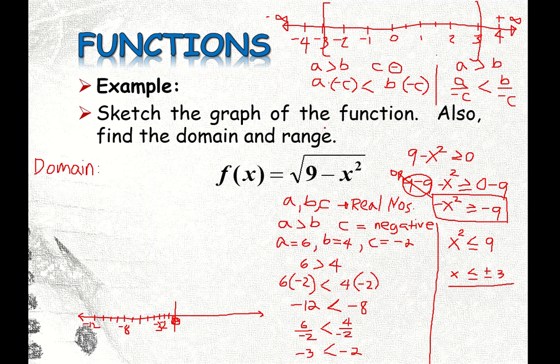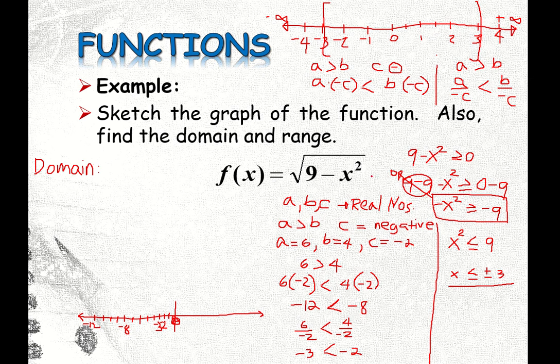If you have, say, negative 2. So 9 minus negative 2 squared. Negative 2 squared is 4. 9 minus 4, that is 5. When this is negative 1, negative 1 squared is 1. So 9 minus 1, that would be square root of 8. So this is also allowed. When x equals 0, 0 squared is 0, 9 minus 0 is 9. Square root of 9 is 3. So 0 is included, and so on and so forth.